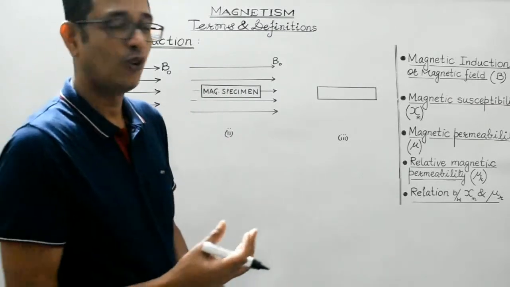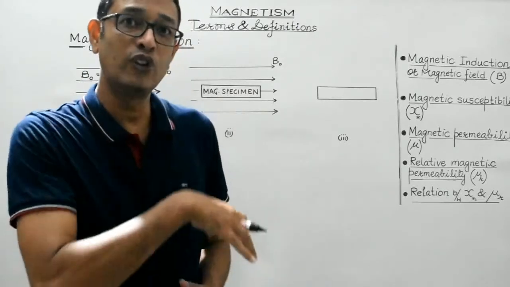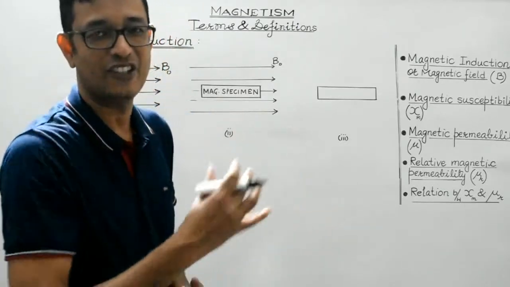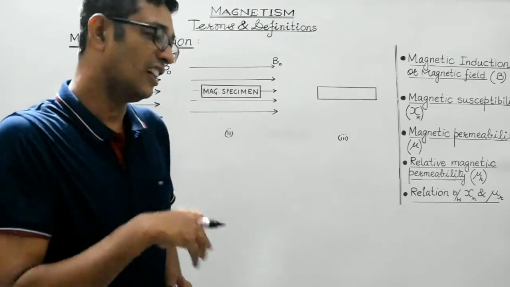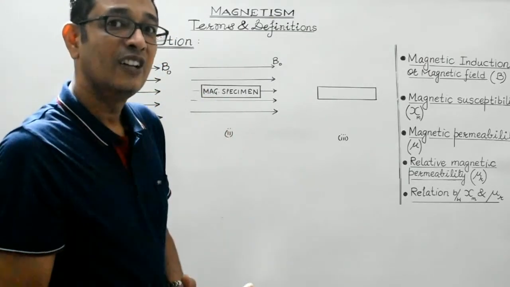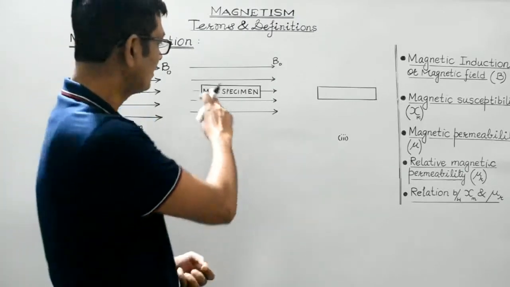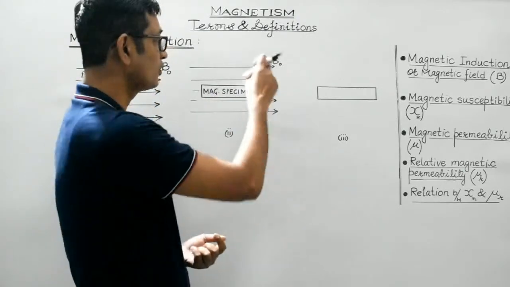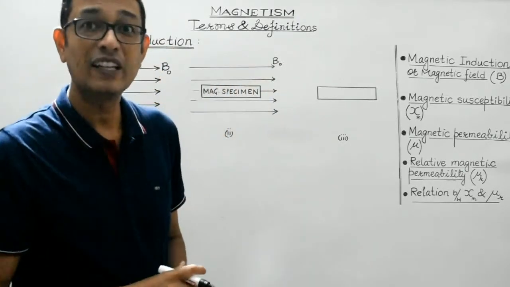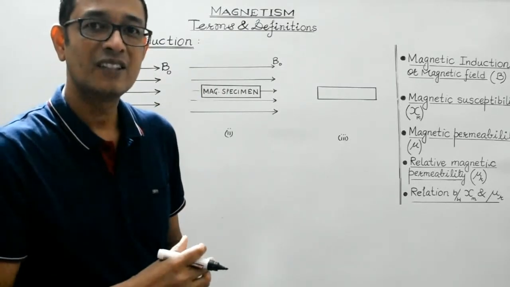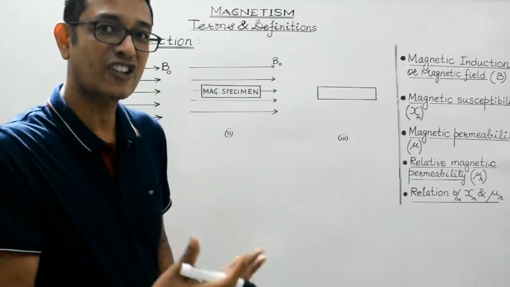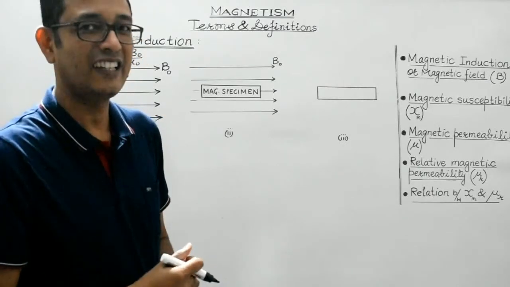All the atomic dipoles inside the specimen will orient themselves in a common direction, so that one end of the specimen will act as the south pole and the other end will act as the north pole. So students, this magnetic specimen under the influence of this external field will get magnetized. This is known as magnetization by induction or simply magnetic induction.